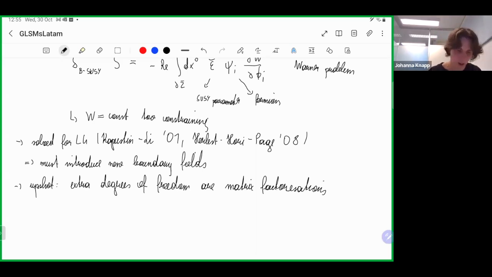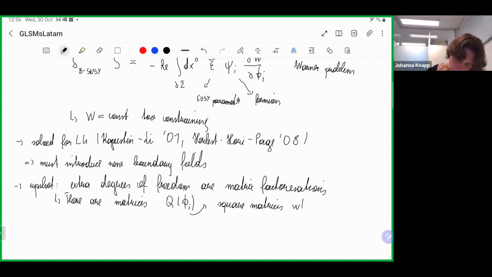theories that have a (2,2) supersymmetry which have a potential. So just to tell you what I'm going to do more rigorously tomorrow, we will see that there are matrices, I call them Q, and they will depend on the chiral fields that we have before, such that they will be square matrices with polynomial entries in the phi i's.